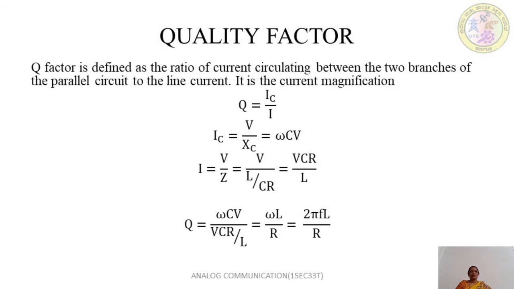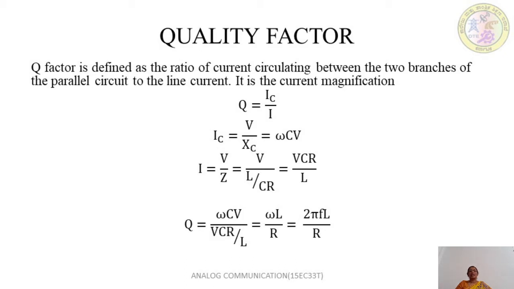Next, quality factor. Q factor is defined as the ratio of current circulating between the two branches of parallel circuit to the line current. In parallel resonance, it is current magnification, but in series resonance, it is voltage magnification.